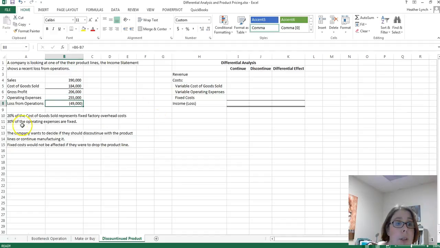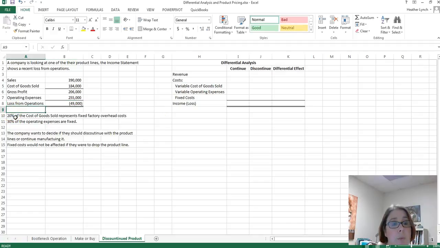They're telling us that 20% of the cost of goods sold represents fixed factory overhead, and 30% of the operating expenses are fixed. The company wants to decide whether they should discontinue the product line. They're also telling us fixed costs would not be affected if they were to drop the line.